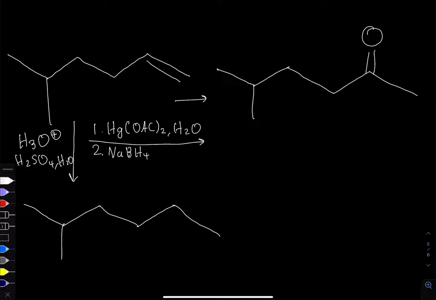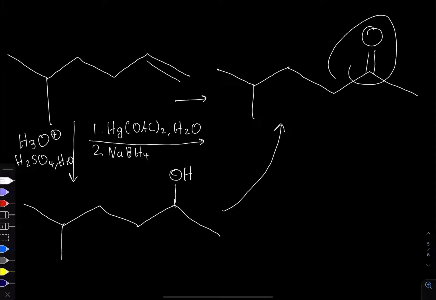The result of the first step is that you put an alcohol group on this carbon. To make that a ketone, we can use a strong oxidizing agent, something like chromic acid. What does chromic acid look like?